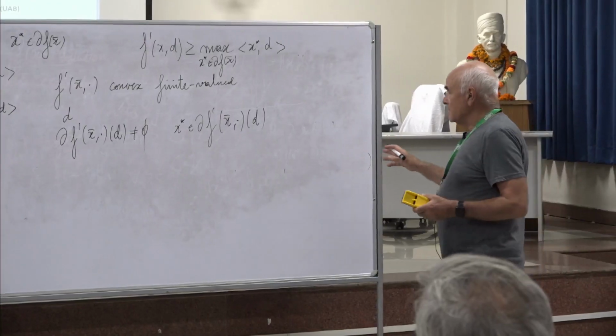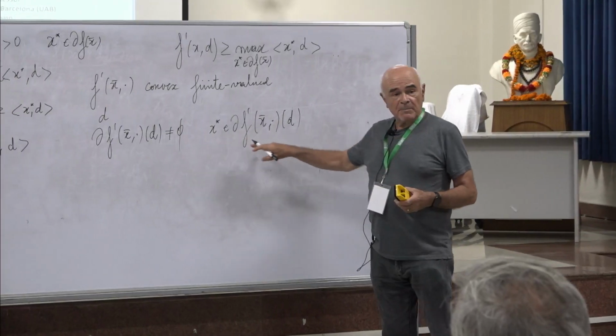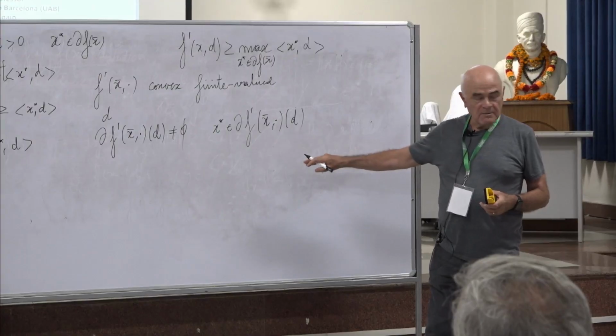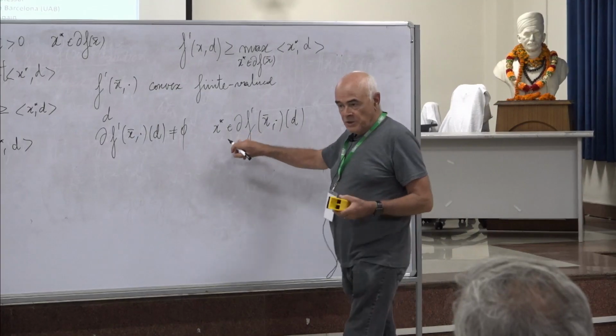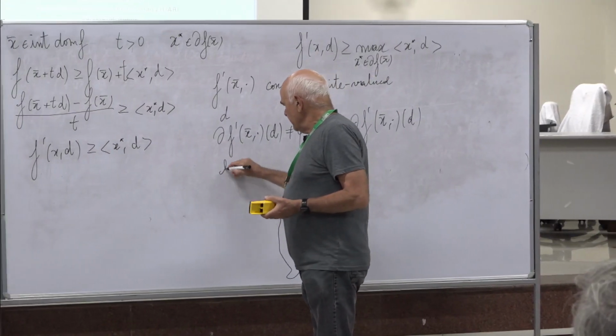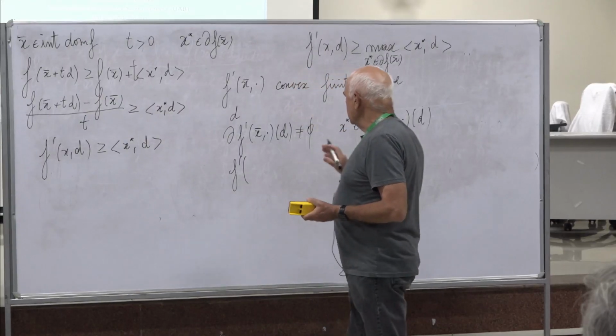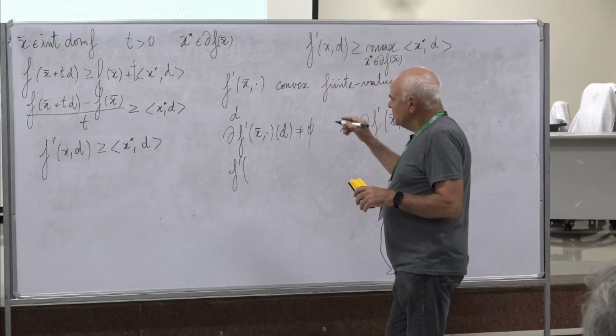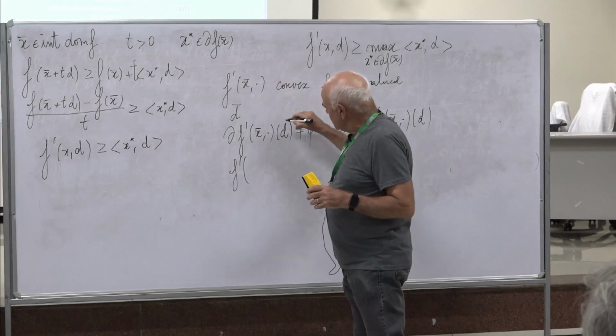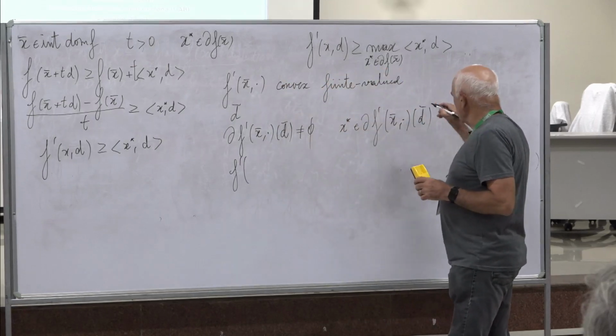Then what happens? Let's write the subgradient inequality for this particular subgradient. If you allow me to change a little bit the notation, I consider d bar instead of d.